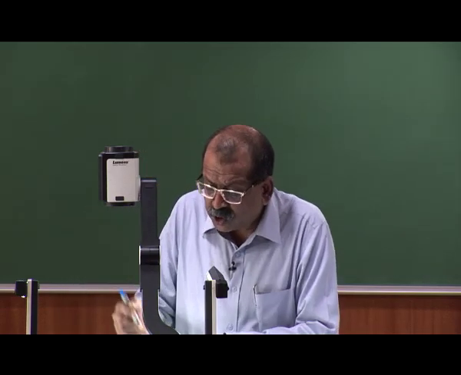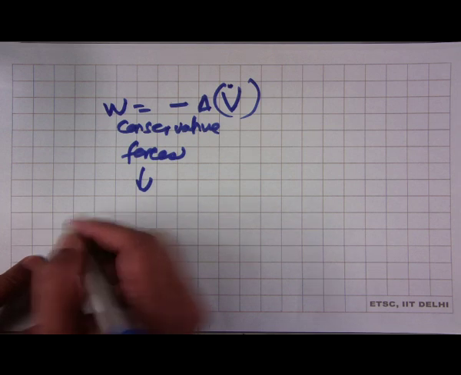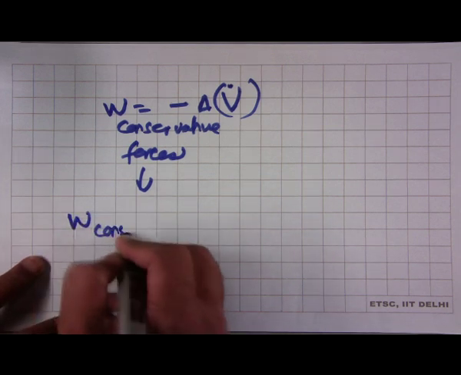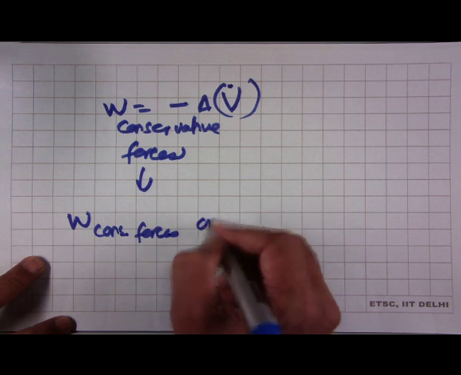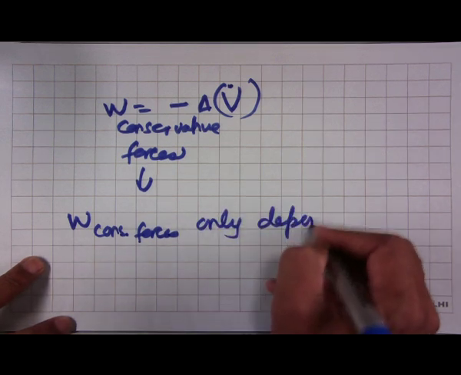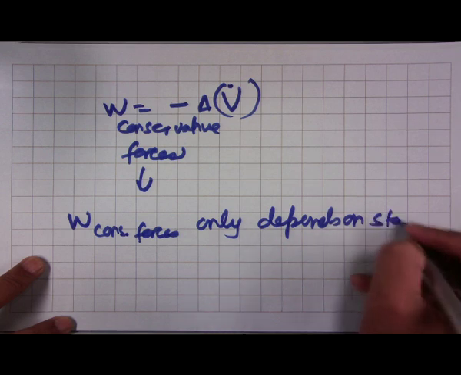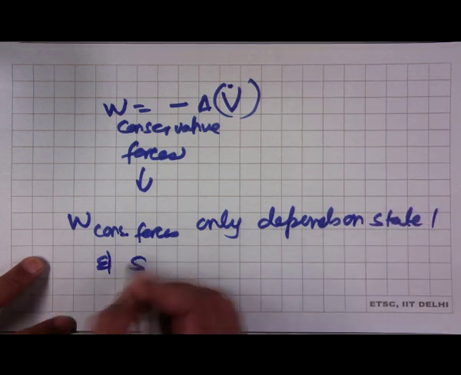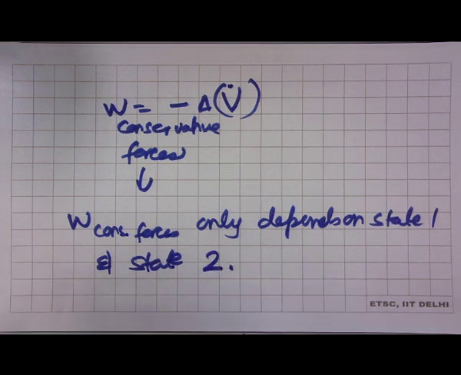Now, the usefulness of these conservative forces is that the work done by conservative forces only depends on state 1 and state 2, and it does not depend on the path taken between 1 and 2.